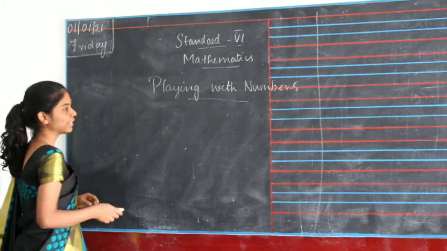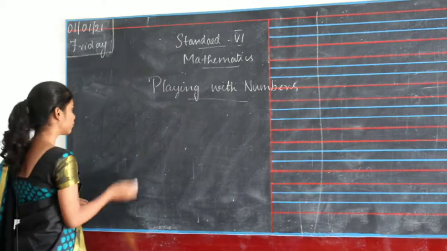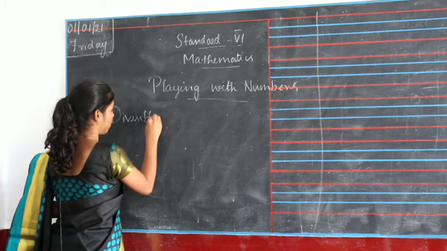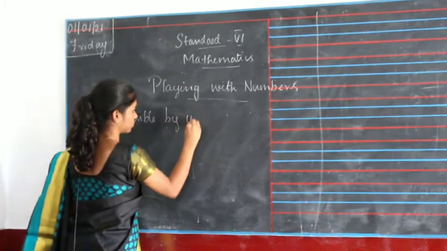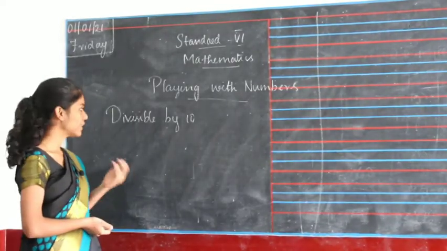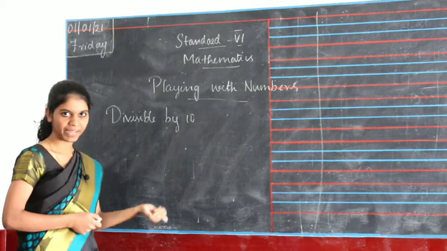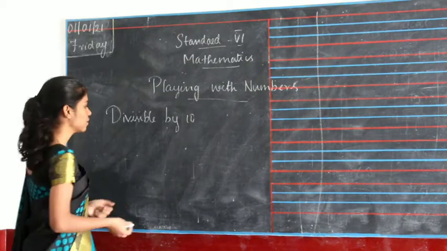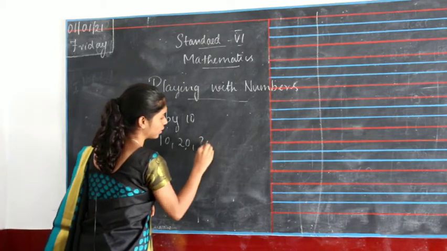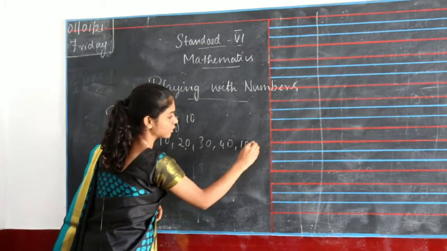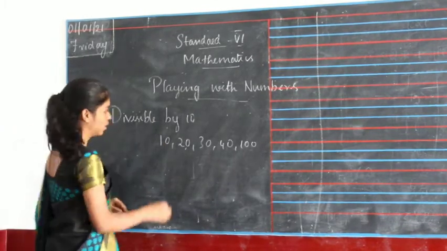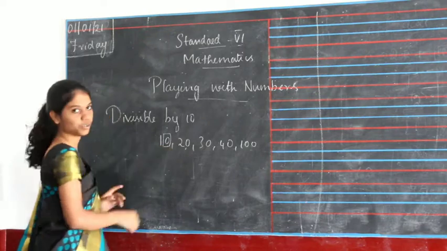Okay, so let's start with an easy one. When you look at a number, you can easily find out whether it is divided by 10 or not, because for example 10, 20, 30, 40, 100, all these numbers have one thing in common, which is 0 in the unit place.